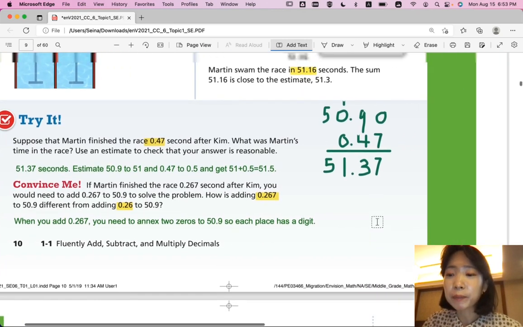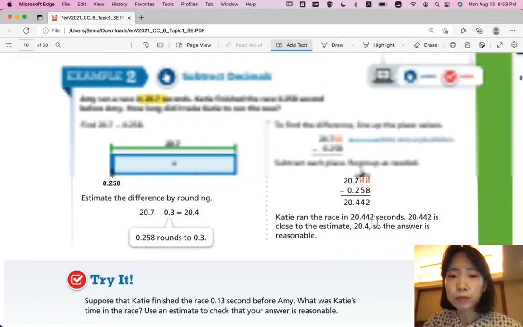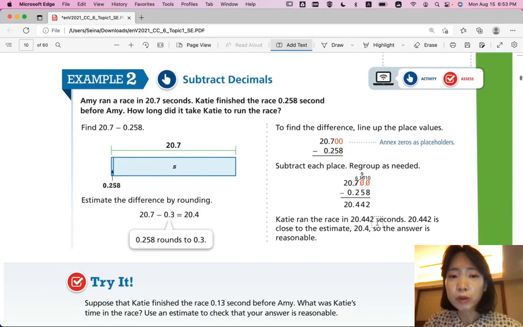Okay, let's look at the next example. Example 2, subtract decimals. Amy ran a race in 20.7 seconds. Katie finished the race 0.258 seconds before Amy. How long did it take Katie to run the race?